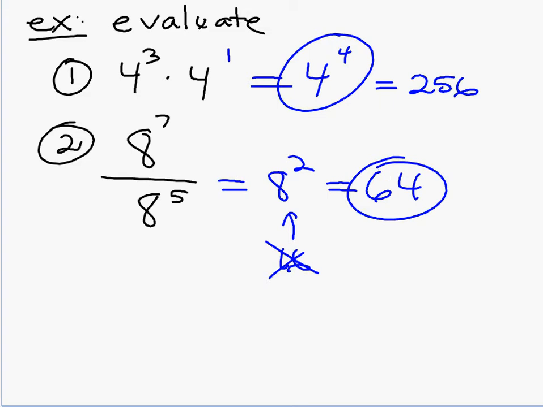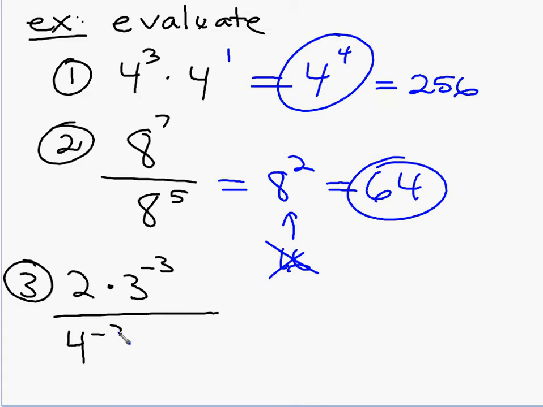Then, okay, let's do one where you maybe have to put your thinking cap on a little bit. 2 times 3 to the negative third over 4 to the negative third times 3 to the negative 1. Boy, that looks scary. But if you remember everything I just told you about negative exponents, it doesn't need to be that painful. We just need to do some switching places. All right? So let's look what I've got here.